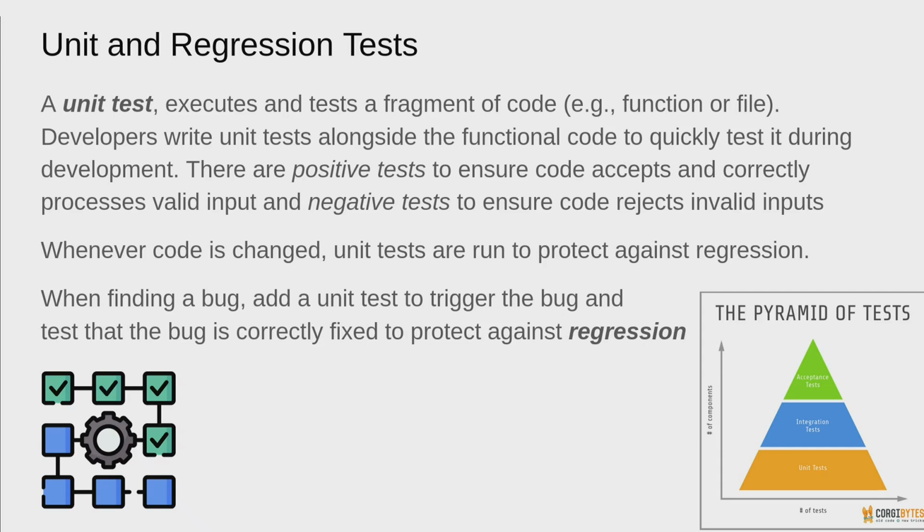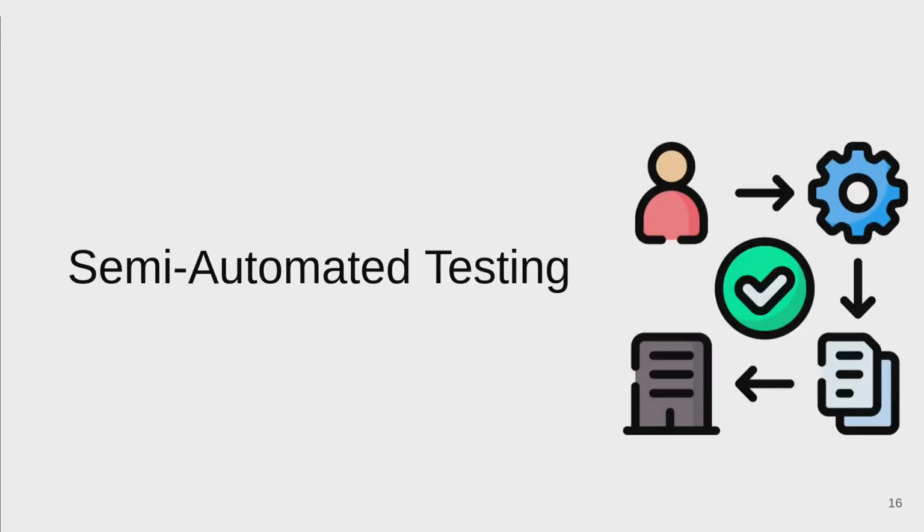This would be a bug regression for a feature, right? You're fixing a feature, but somebody else changes something else, and the feature is broken again. So regression can go both ways. Good. So these unit and regression tests are pushing us somewhat already up the stack towards semi-automated testing, right?